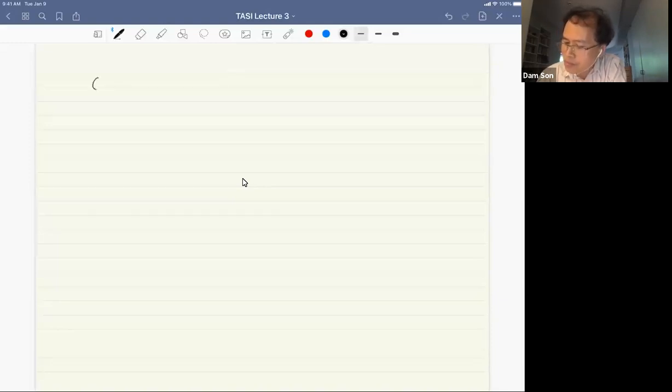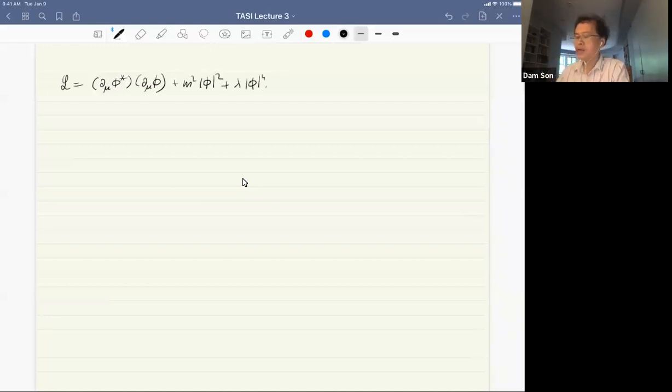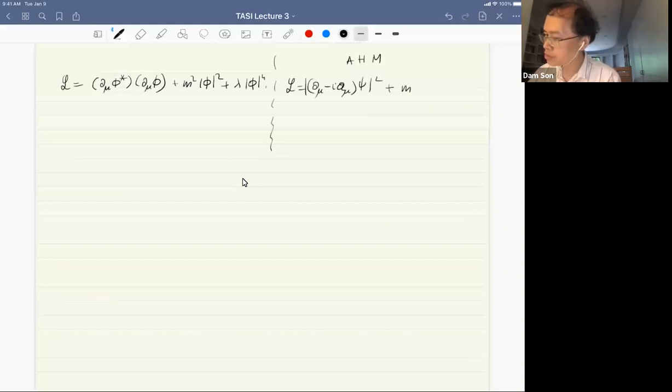One is the theory of a complex scalar field, with a Lagrangian given by this model, and then on the other side we have the abelian Higgs model, which is given by another theory of a scalar coupled to a gauge field, again also with mass lambda tilde.